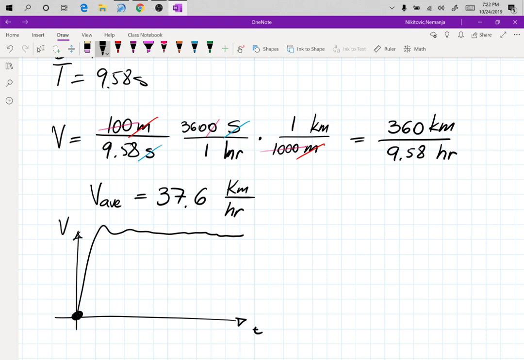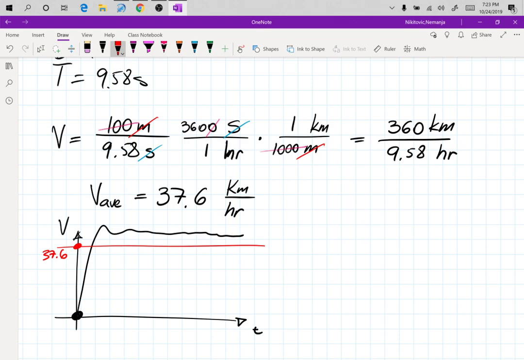What we do know is that the average somewhere is 37.6. And they're asking if at any point he was doing 37. Well, of course he did. Because if you have your average to be 37.6 and you started running from 0, that means that at some point you were running over 37.6 to balance this out.